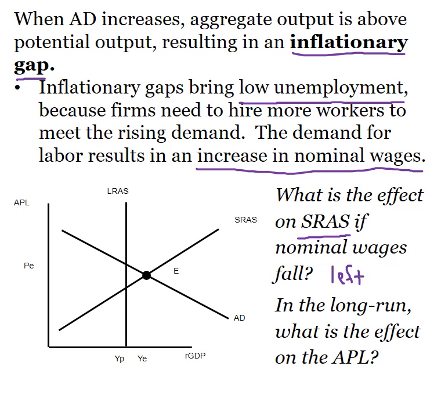And let's go ahead and draw and label that properly. SRAS2 with an arrow. E2. PE2.